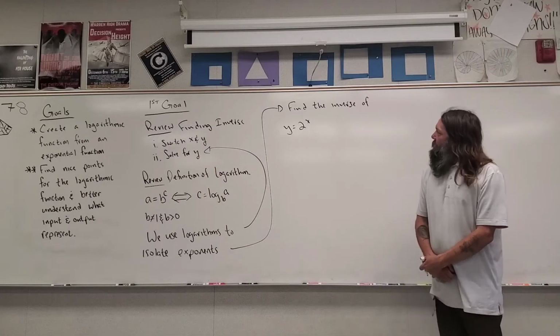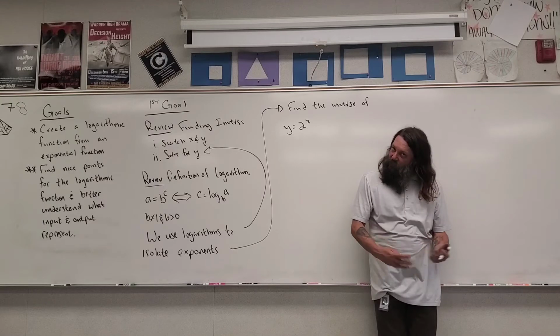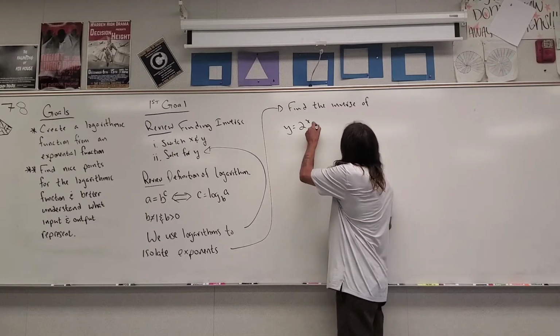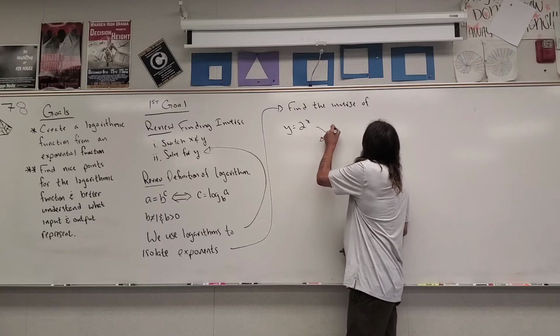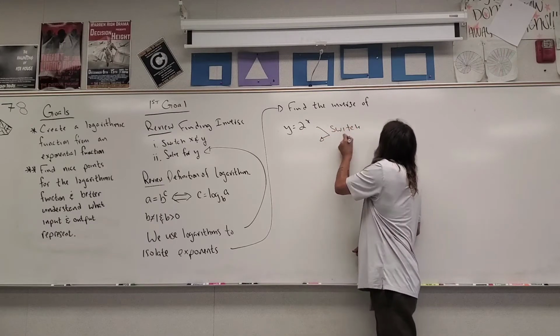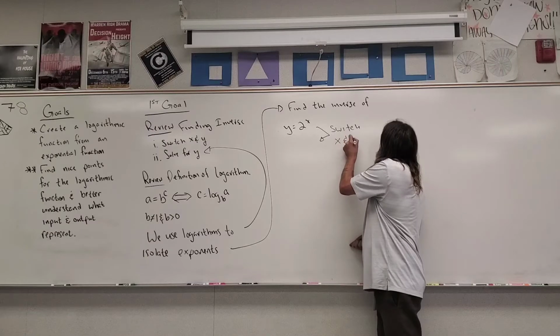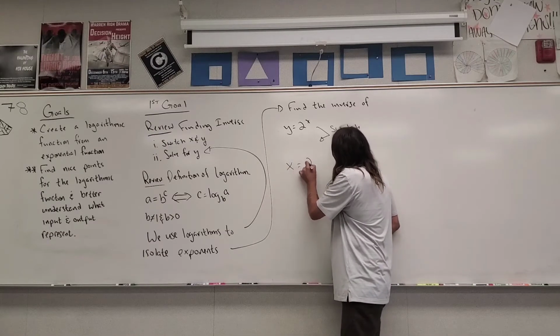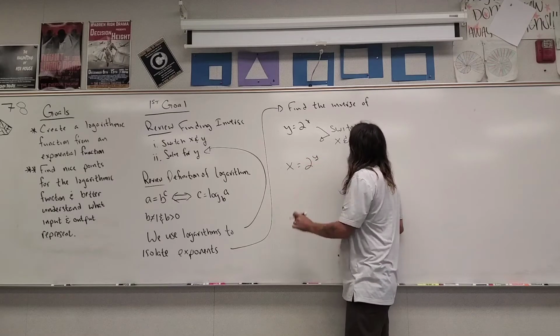So let's go ahead and find the inverse of our exponential function that we began with. And what we're going to do is switch the x and the y. And we are now left with x equals 2 to the power of y.